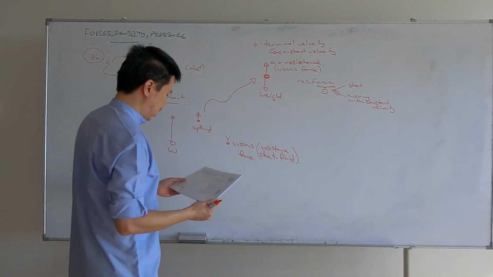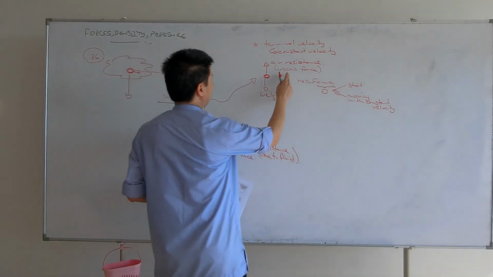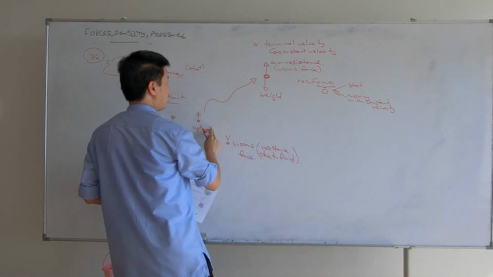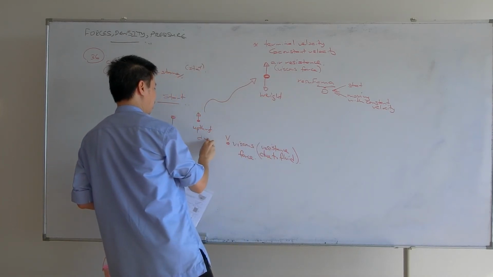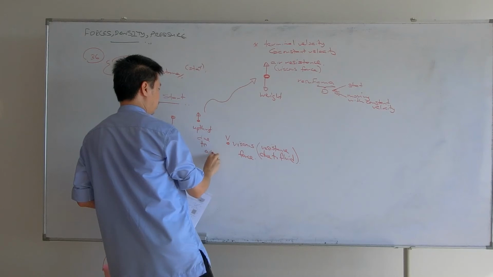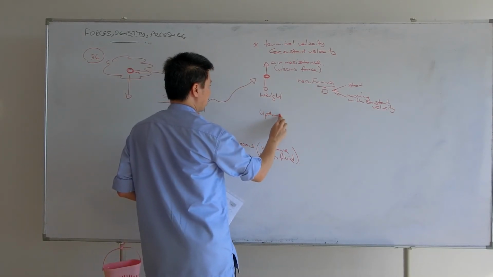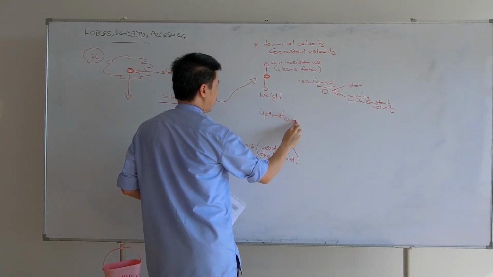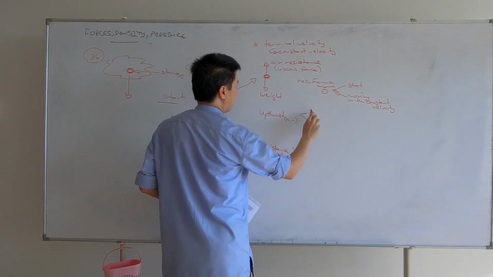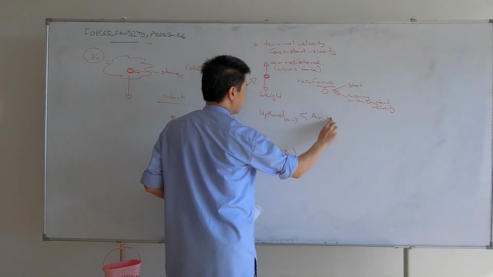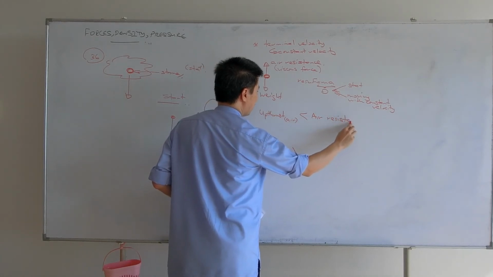We know in this case air resistance and this upthrust due to air. You have to know that the upthrust due to air will be much, much smaller than air resistance or the viscous force. This is one key information you need to know.